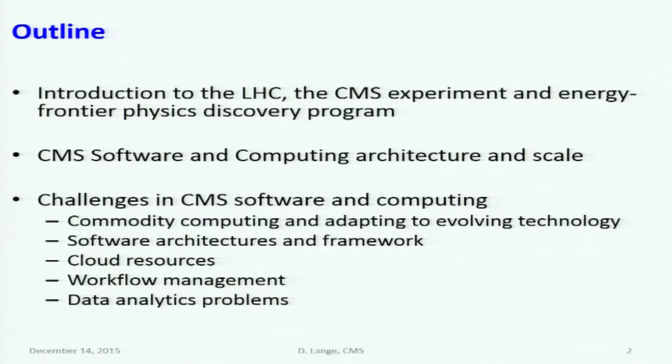Then I'll interleave the next two sections, which introduce how we're doing software and computing for our experiment now, and also what we're looking at for the future in terms of things we can change, because in the end our experiment is expected to run for about another 20 years.